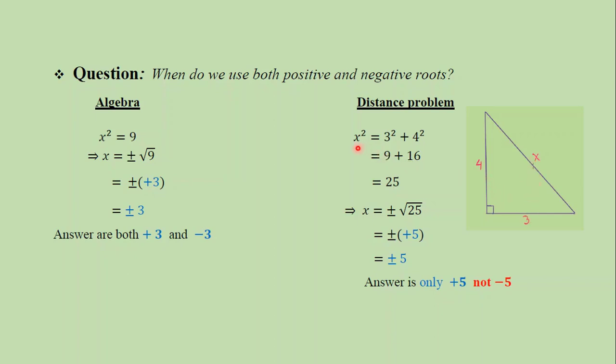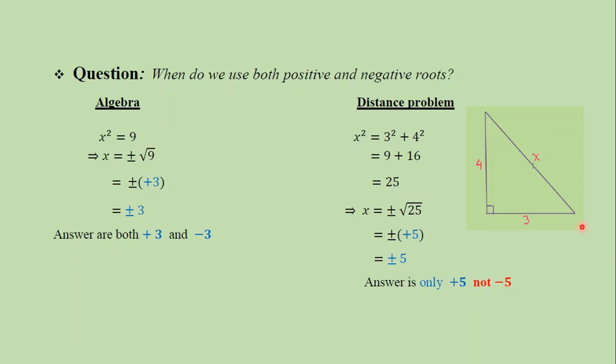So it will be x squared equals 25, and you can write x equals plus minus square root of 25, and the principal square root of 25 is positive 5, and if you multiply the sign, you will get plus minus 5. But the answer will be only positive 5, not negative 5.